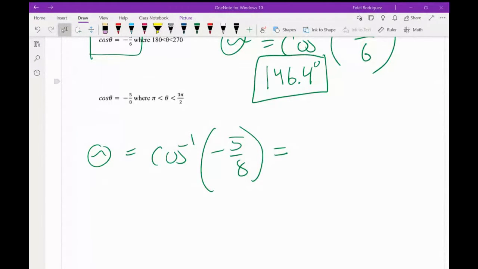So let me do this real quick. Okay. Cosine inverse, negative 5 over 8. And I'm coming up with, to 4 decimal places, 2.2459.